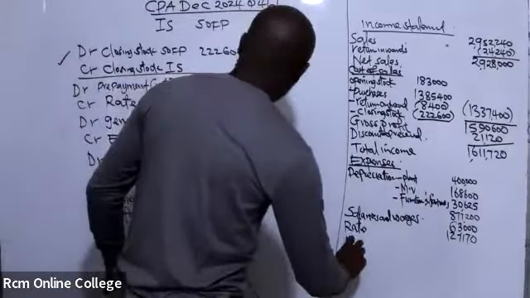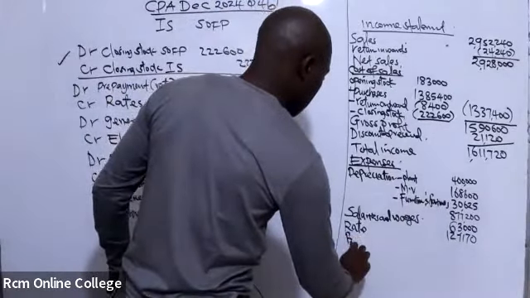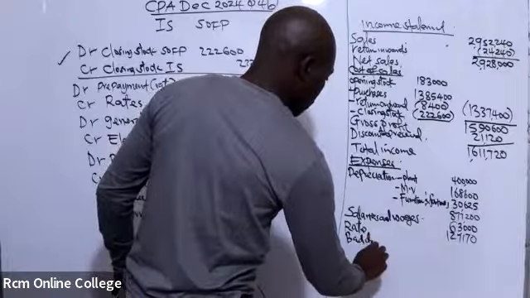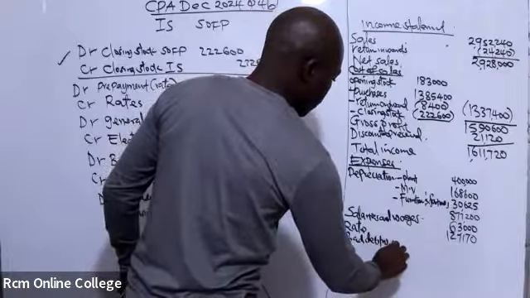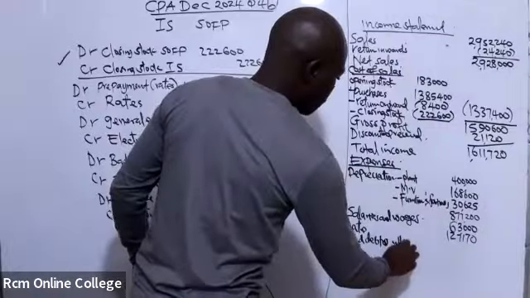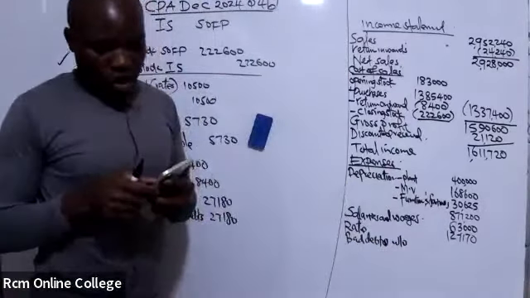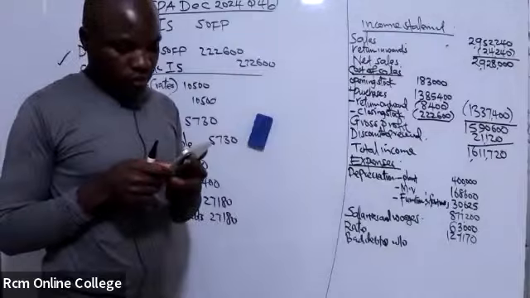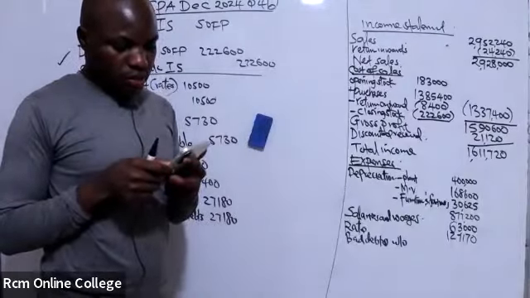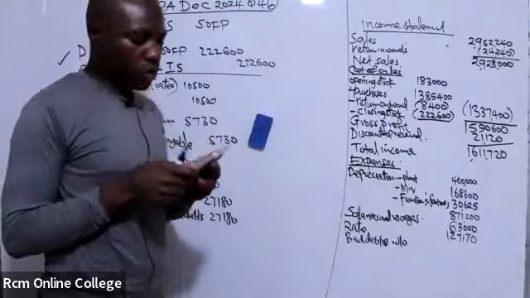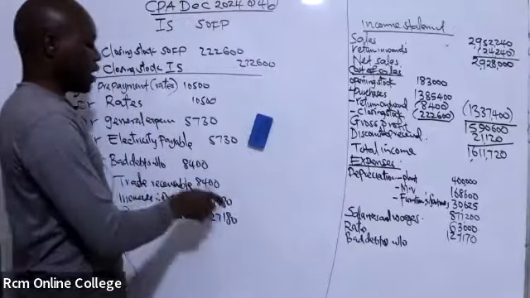Bad debts written off as an expense. Do we have an existing bad debts written off? We are not having one, so it will only be this one here, 8,400.